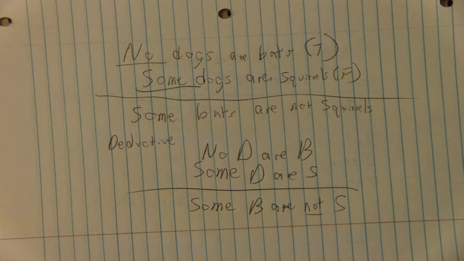Should we stop? I always say keep going until you're kind of comfortable seeing the logic. Because notice if we change the order a little bit, we actually can run into an issue. So no dogs are birds.